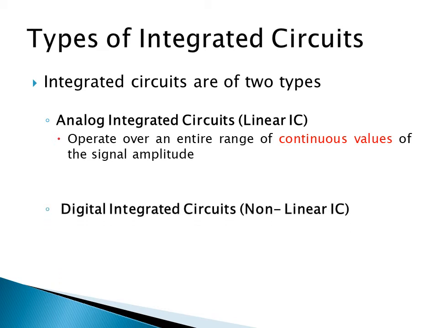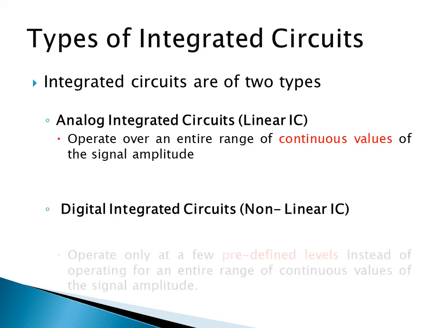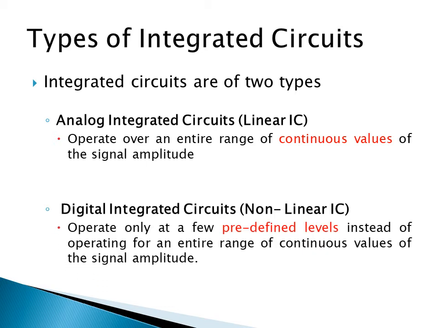The second category of IC is the digital IC, otherwise called non-linear IC. The name implies that it can work only on predefined levels of values of the input signal, whereas a linear IC or analog IC can work on continuous values of input. A non-linear IC or digital IC can work on predefined levels of input.